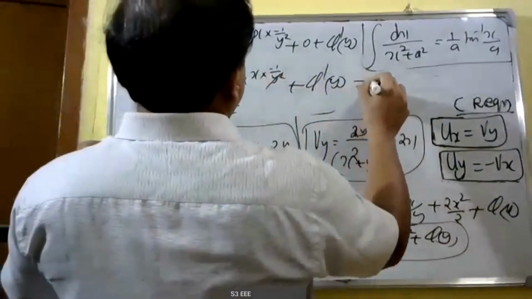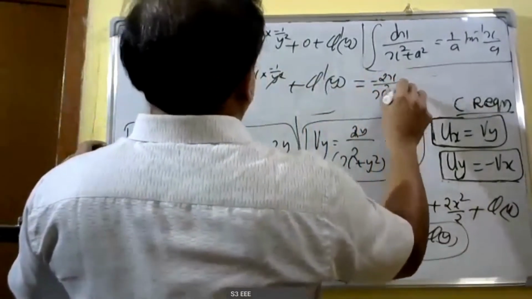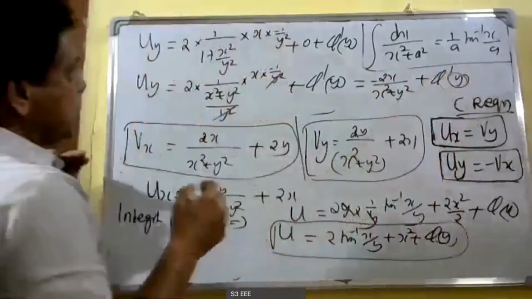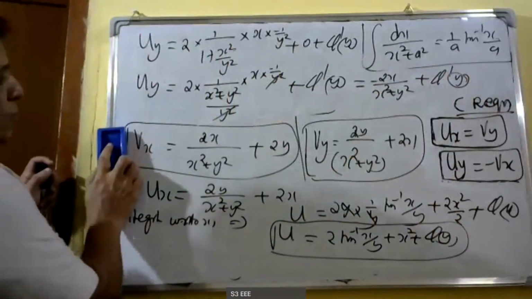Therefore, we get uy = −2x/(x² + y²) + φ'(y).